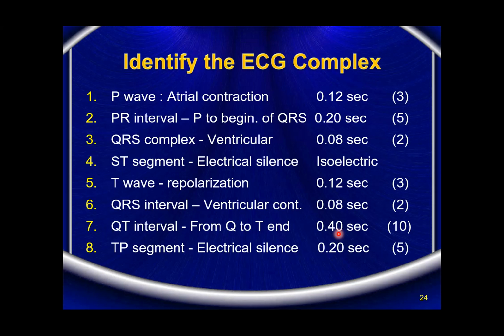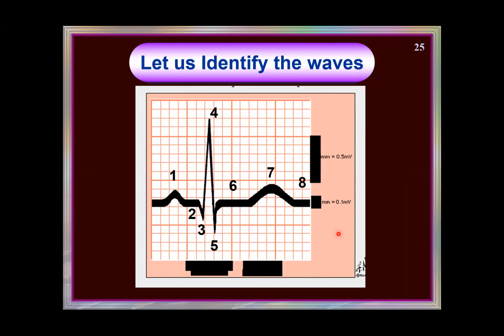This I have already told. Now you identify the waves. What is one? All of you can write in the chat box, or you can write in your notes also. What is two? What is 3, 4, 5, 6, 7, and 8?